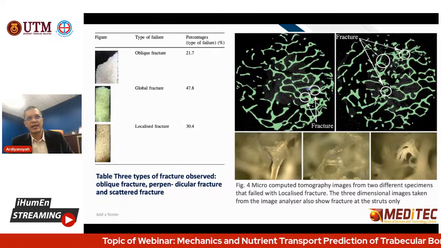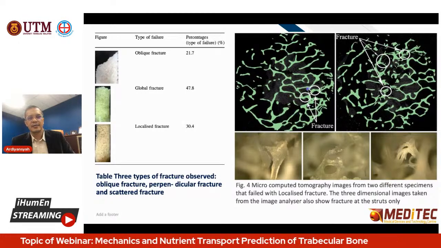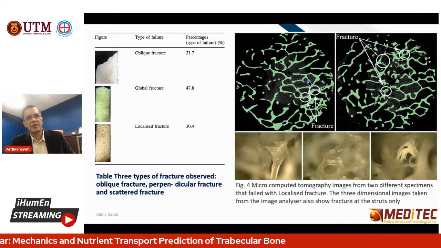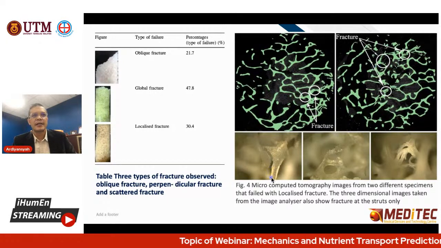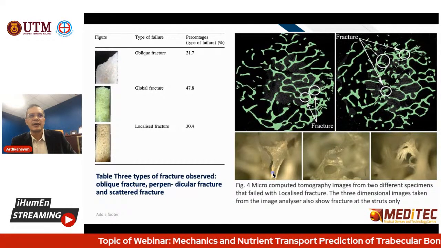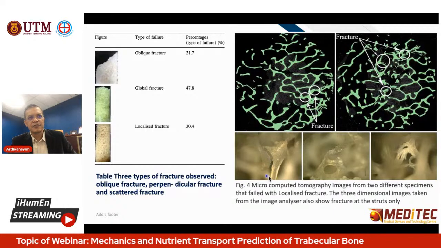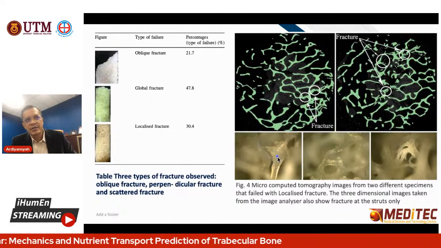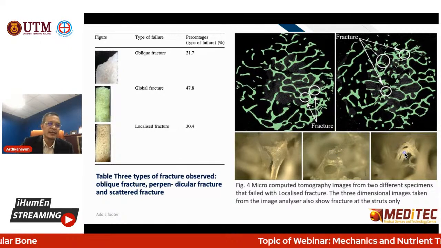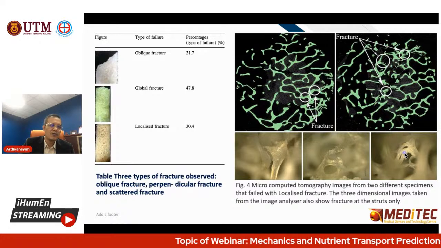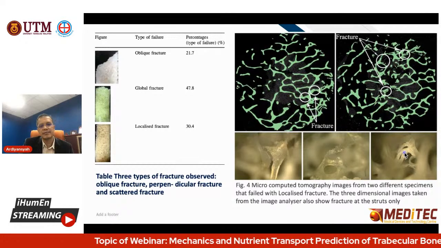The trabecular bone has actually failed, but it looks okay. Inside, there are a lot of fractures. Here there is a fracture, and here there is a fracture. You can also check with an image analyzer; when you focus, you can see there are fractures in the trabecular bone structure. That is why the strength of the cancellous bone fails.